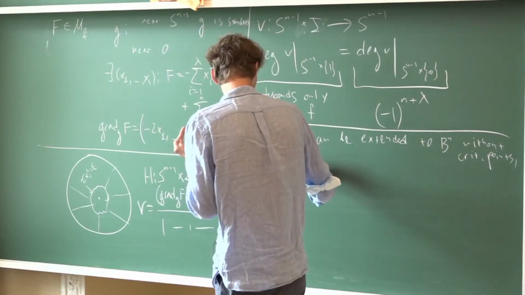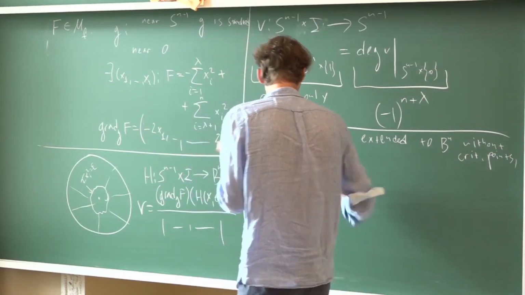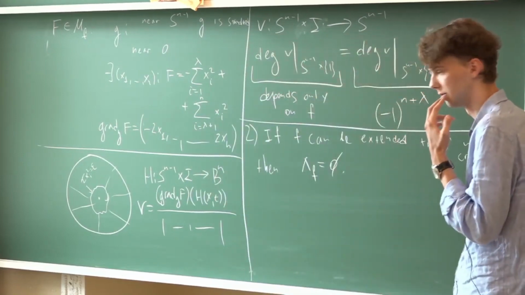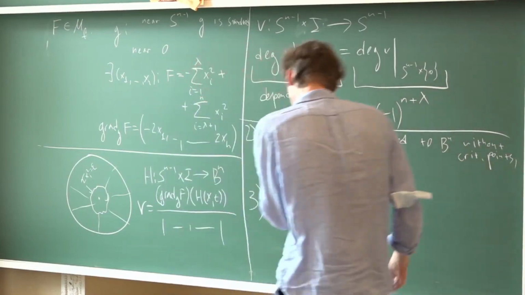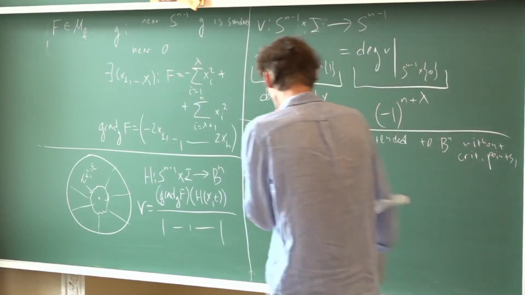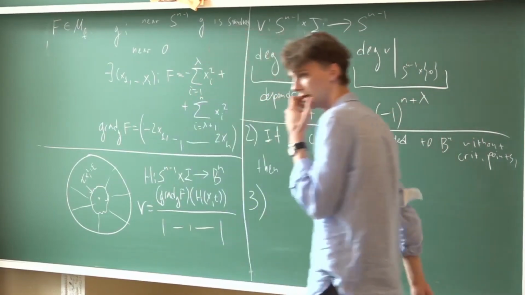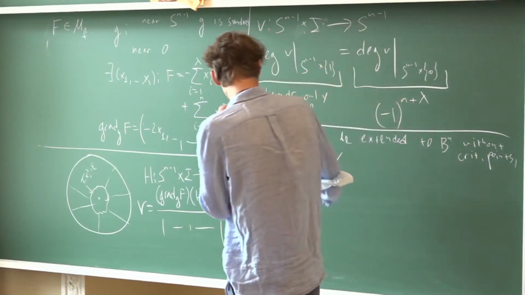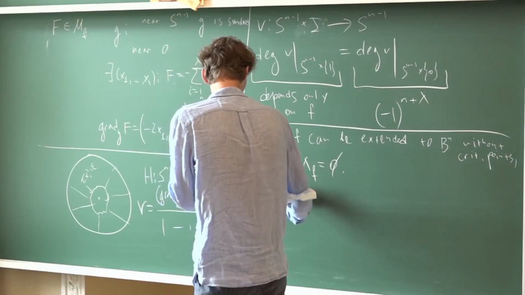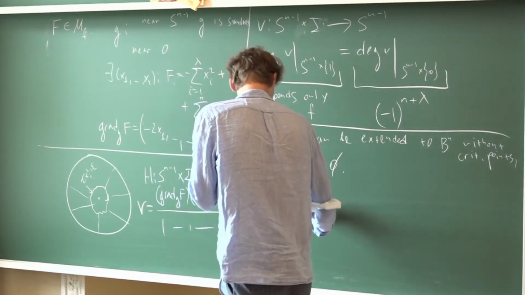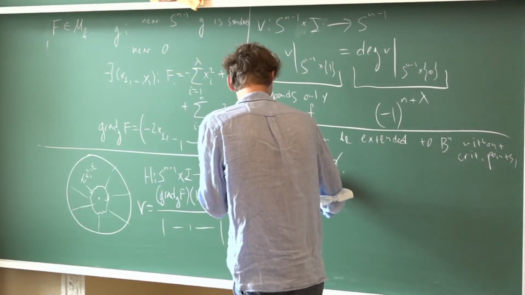Then lambda f is the empty set. Also, lambda f can be just a singleton. How to do that? Well, just consider this function. So let f be this function, the standard one.